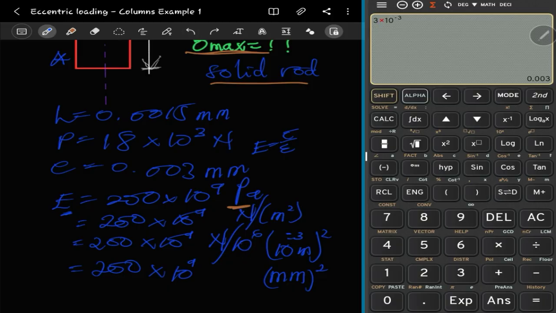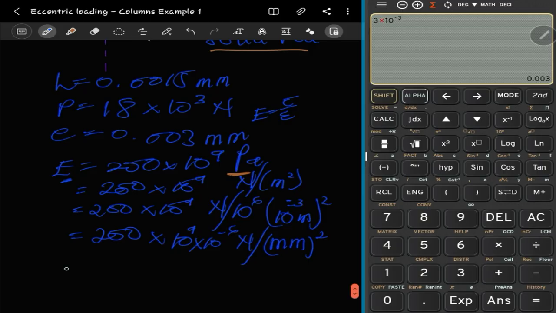If it moves up and joins this 10, it becomes 10 to the power minus 6, newton per meter. Does it make sense? I'm sure it does. So we end up with 200 times 10 to the power 3 newton per mm squared.